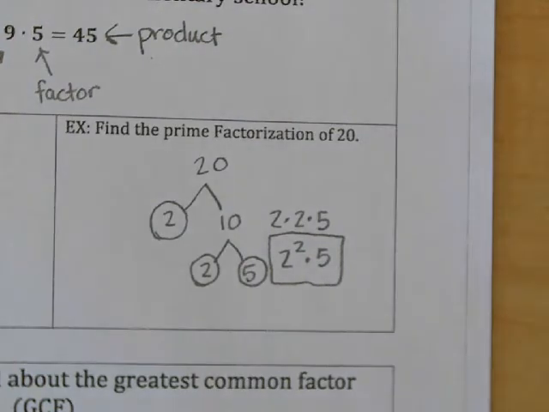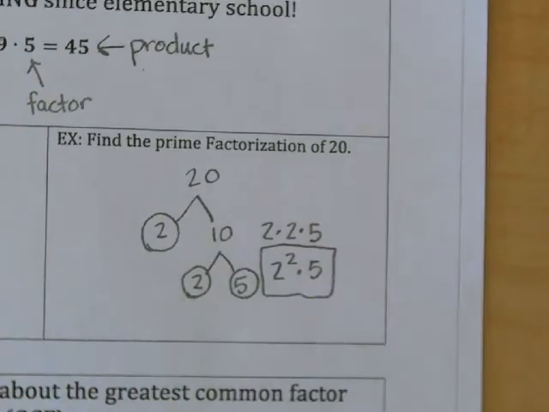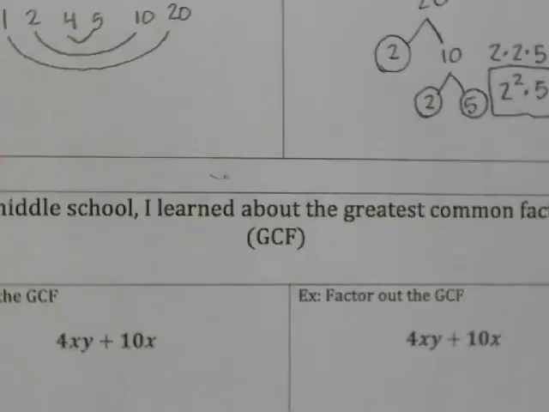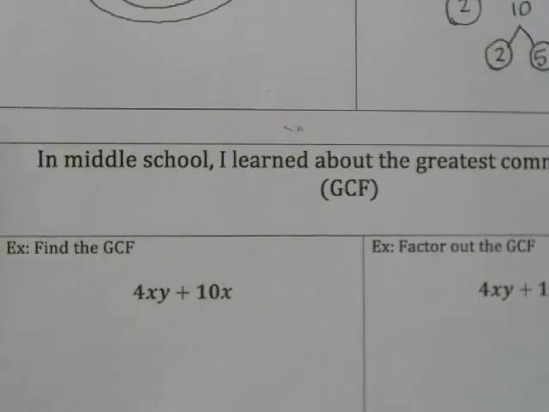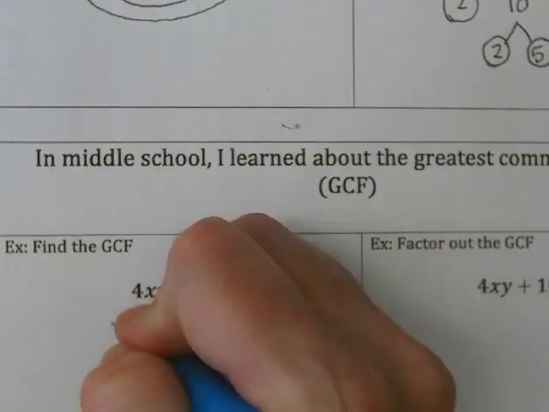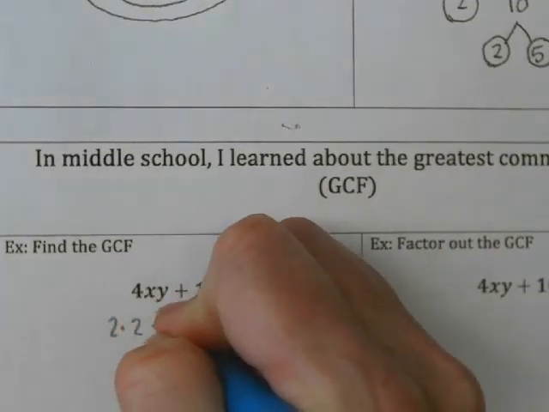So with algebra, this is all we're doing. We're finding the prime factorization. It just looks different because it has parentheses and variables in there. Let's head on up to middle school. In middle school, you learned about finding the greatest common factor. It depends how you learned this.